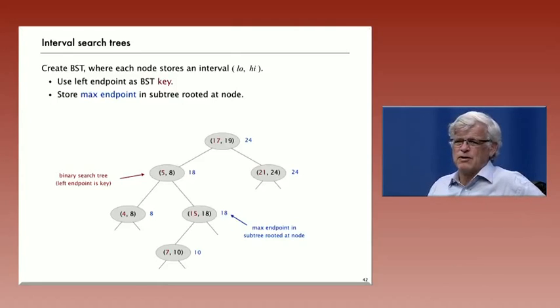In the left subtree, the max endpoint is 18, so that's what we store as the associated data with the node to the left of the root, and so forth. That's data that we're going to have to maintain when we do an insert, and it's data that we'll use when we're doing an interval intersection search.